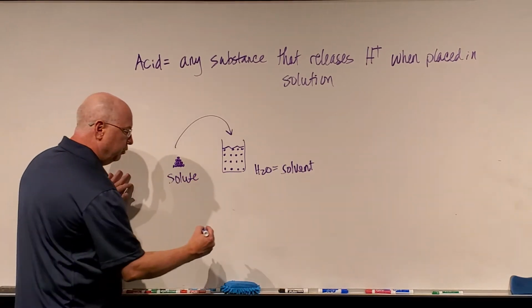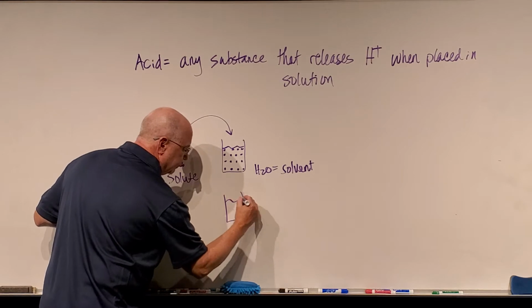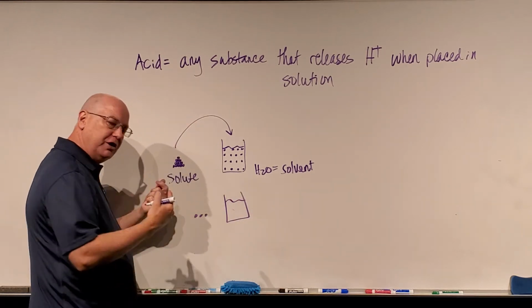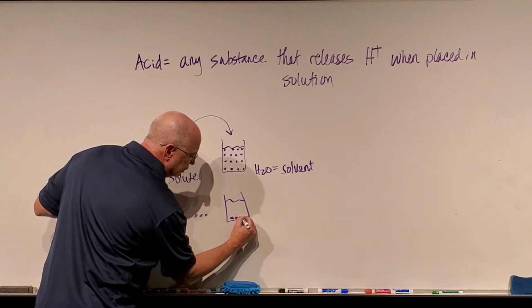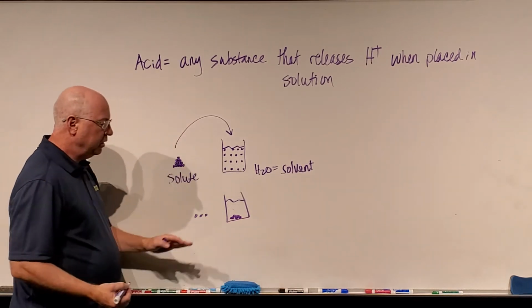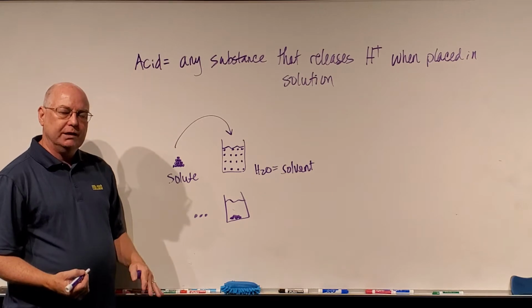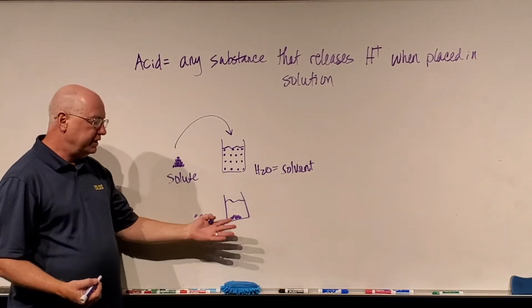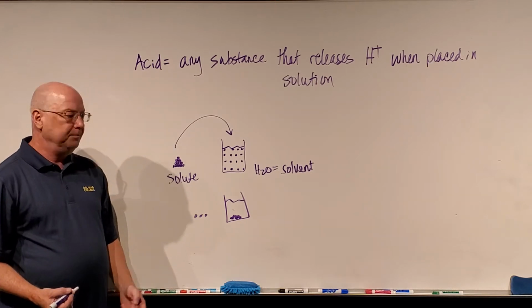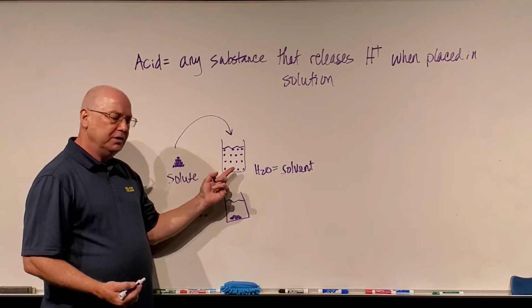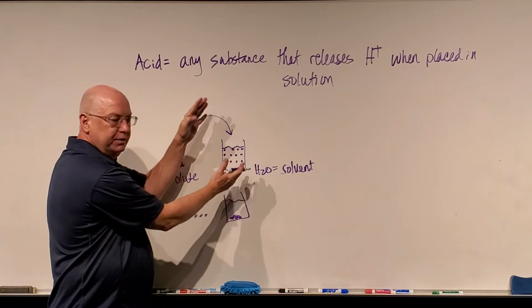Now, what if I took a bucket of water and I had some BBs, like you shoot out of a BB gun, and I poured them in there, and the BBs all sank to the bottom like this? Are they uniformly distributed? And the answer is no. So that is not a solution. It's a bunch of BBs sitting in a bucket of water. This is called a solution because the solute becomes uniformly distributed.